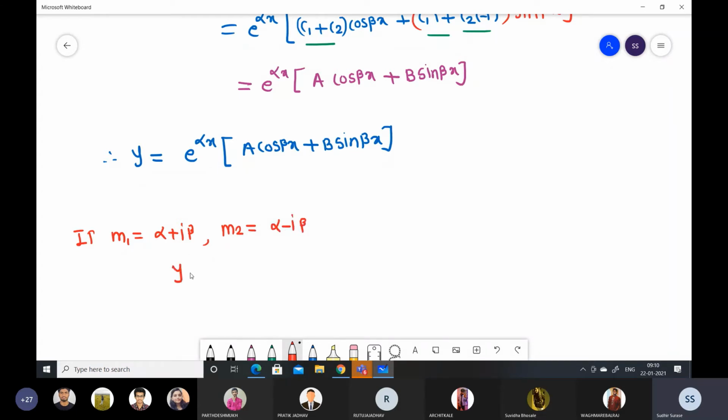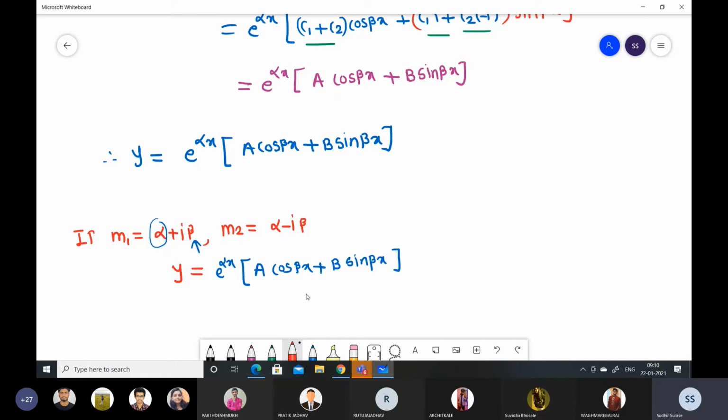Then directly write the solution this way: y is equal to e to the power alpha x, taking the real part of the root, alpha, and in brackets a constant a times cos beta x, where beta is the coefficient of i, the imaginary part, plus another constant b sine beta x. This is the way of writing the solution.